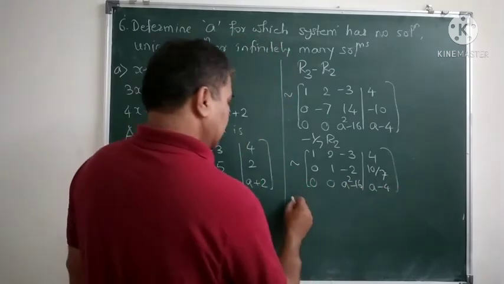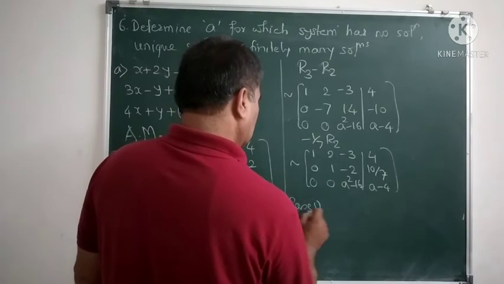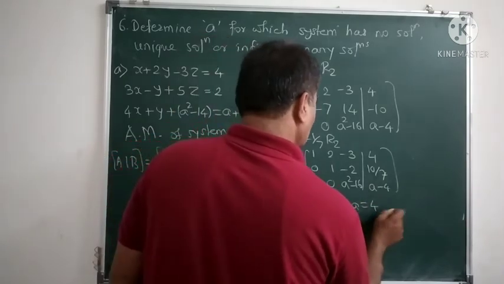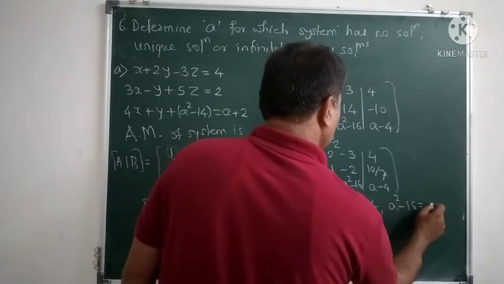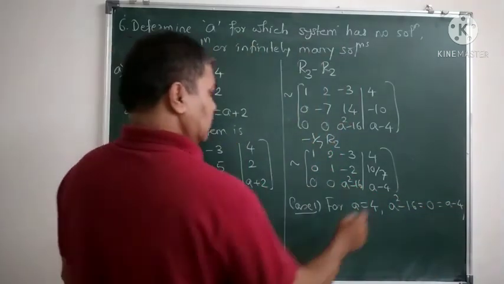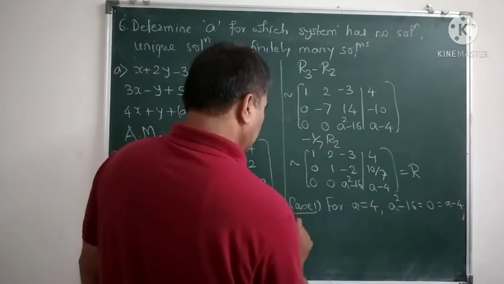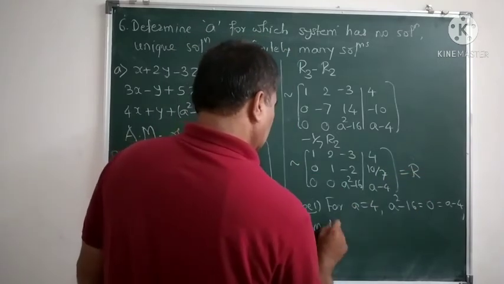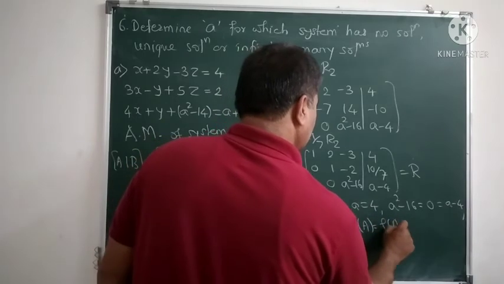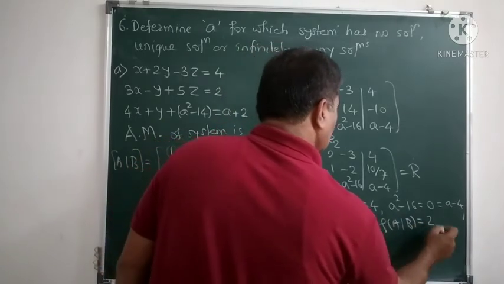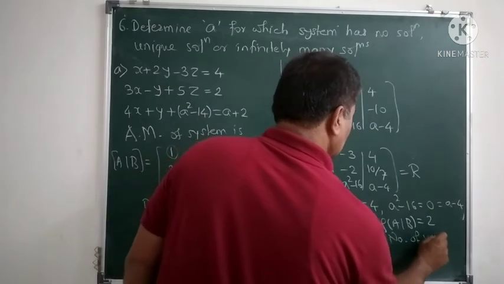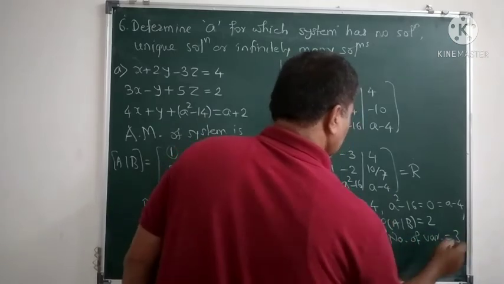Okay, case 1: for a equal to 4, a square minus 16 is 0, a minus 4 is also 0, and therefore from the rank condition, rank A is equal to rank AB is equal to 2, which is less than the number of variables, 3.